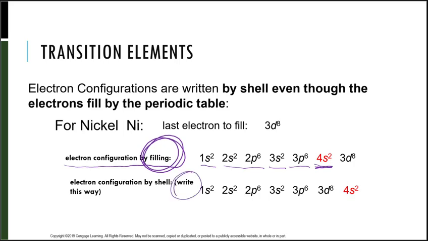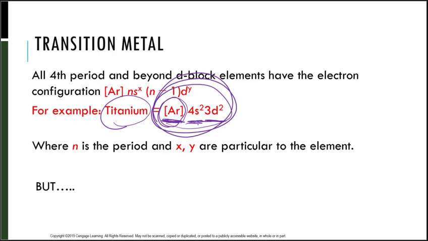When we write it out, we keep our numbers together. So in this case, argon is 1s2, 2s2, 2p6, 3s2, 3p6. This is argon.